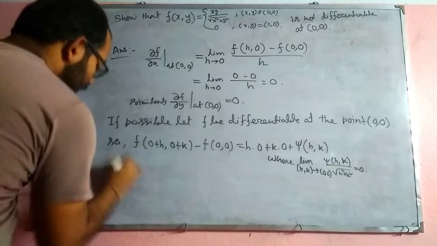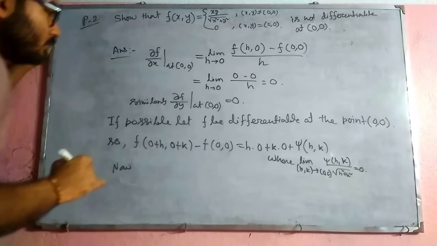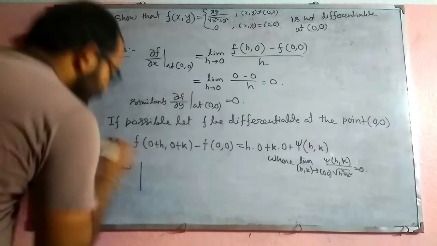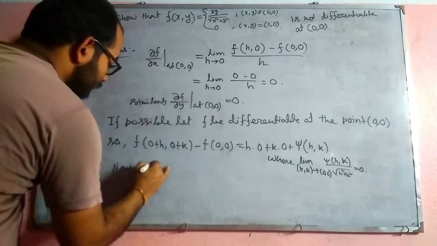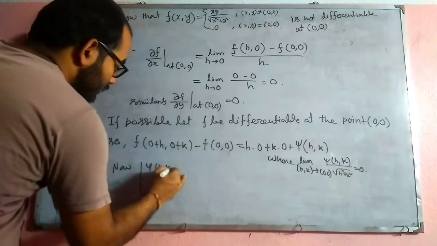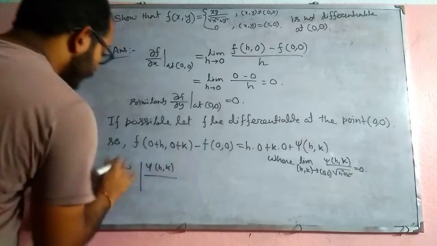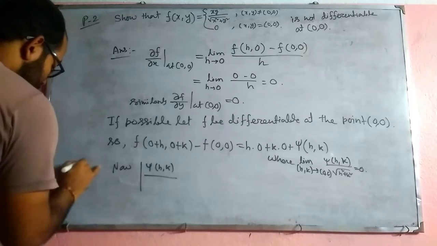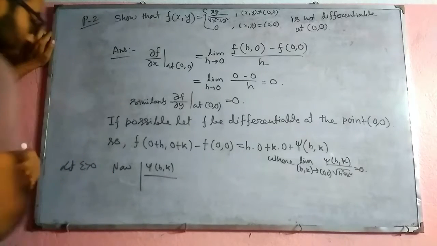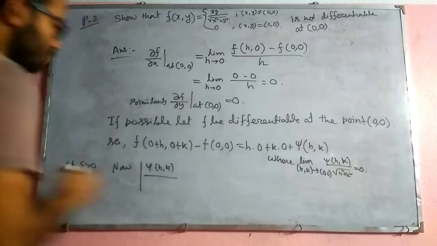Now psi of h comma k. Let epsilon be greater than 0.